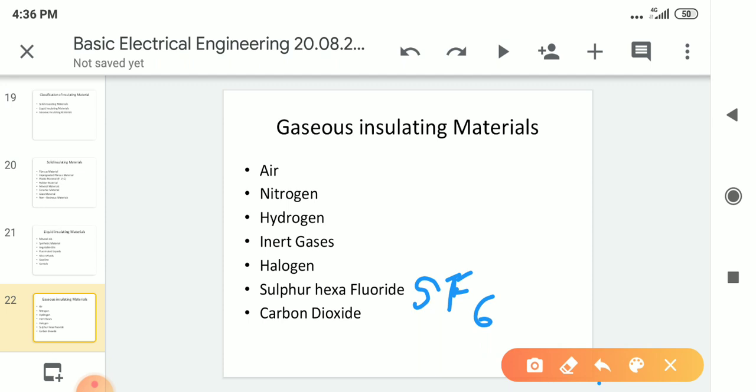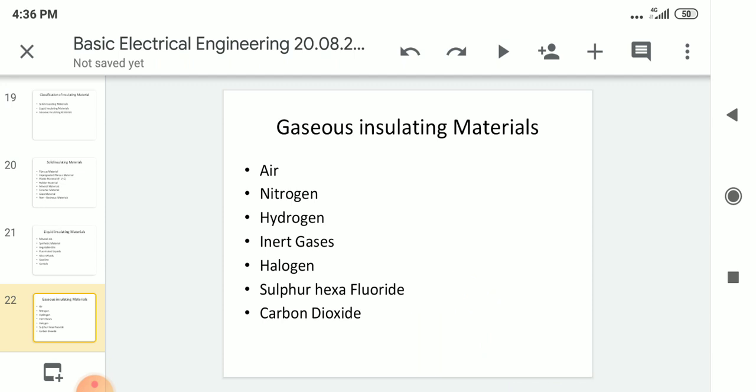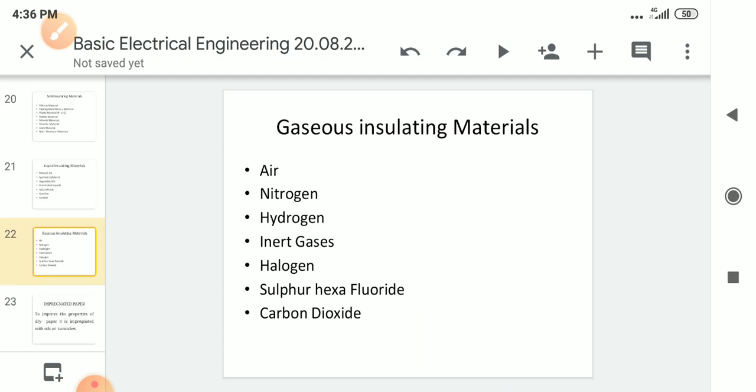In that, this SF6 is used as insulation material and at the same time for cooling purposes also. Carbon dioxide. These all are insulation materials, right?